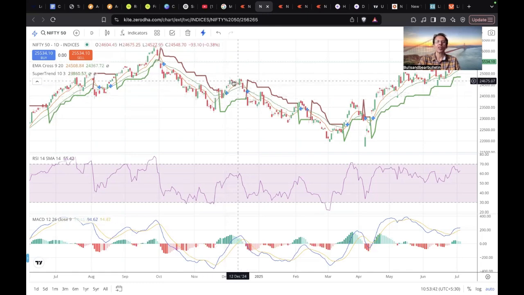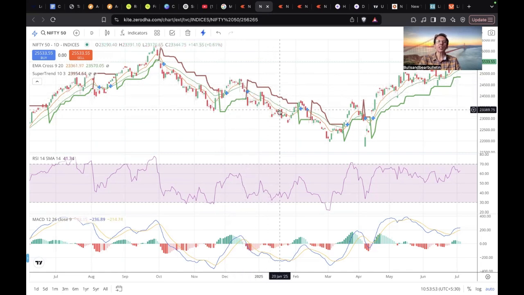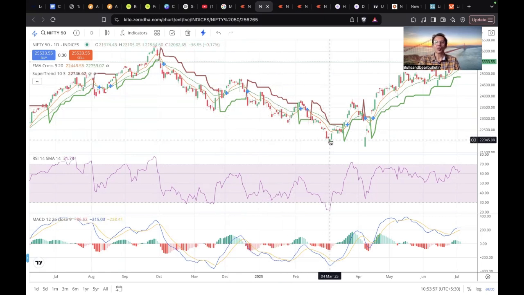However, we were wrong when it took resistance around this level, 24,800, and started declining once again. This time it started making newer lows, and the new low for the season was on 4th of March at 21,980 level.